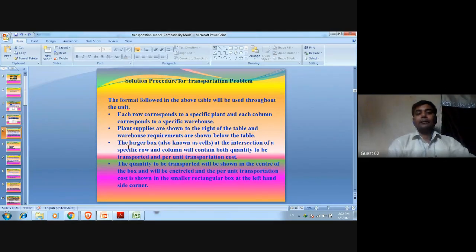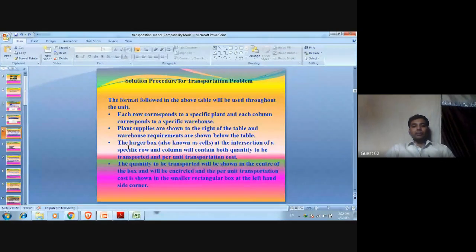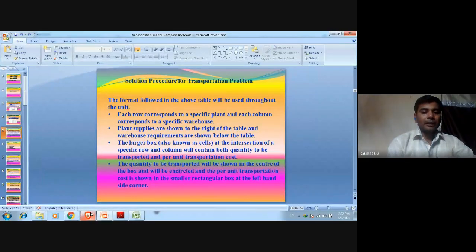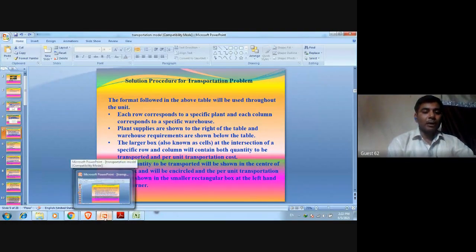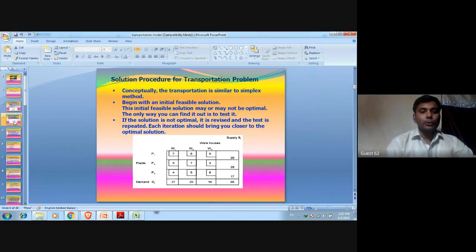Now, second, plant supplies are shown to the right of the table and warehouse requirements are shown below the table. Plant supplies mean the maximum capacity of the plant, shown in the rightmost column: 20, 28, 17. This is the maximum capacity that the plant can produce.